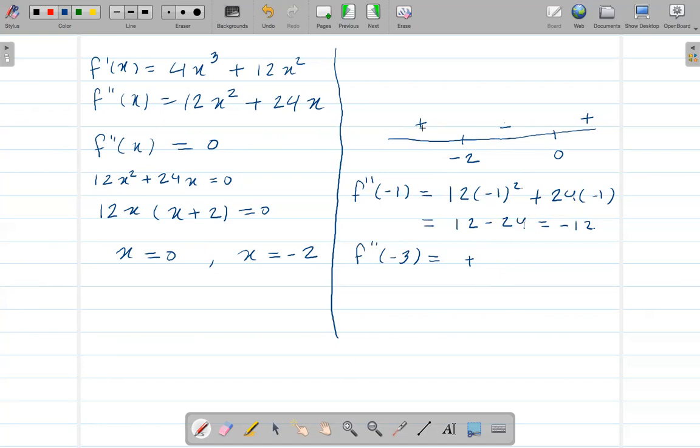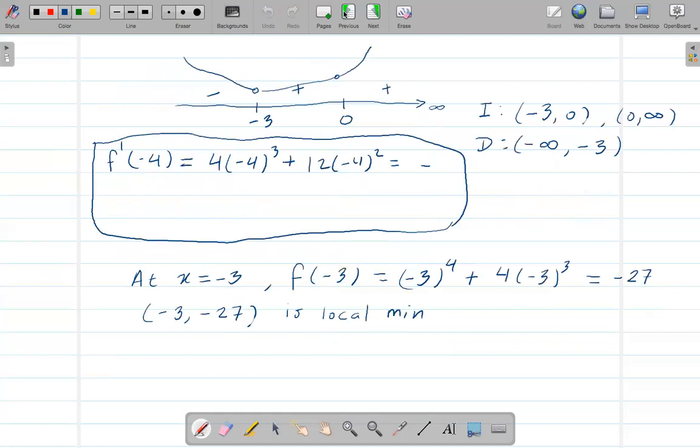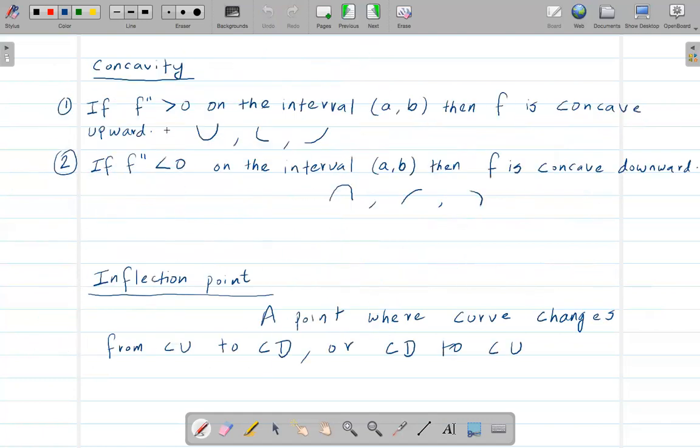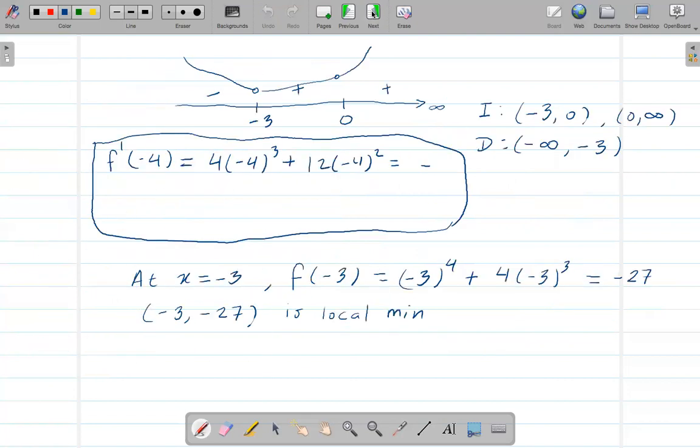So if you get f double prime positive, then in that interval you will have concave upward. If it is negative, that region will be concave downward.